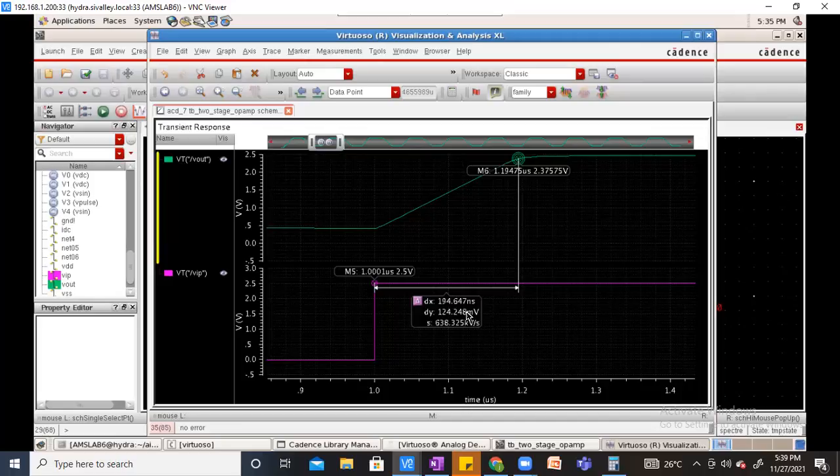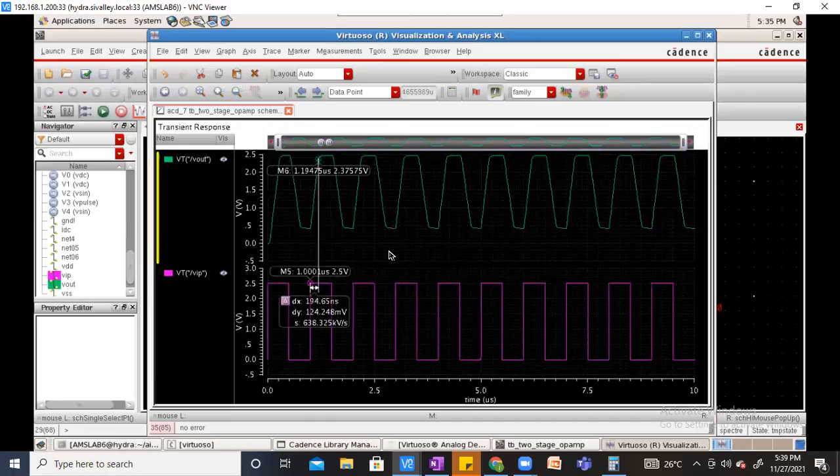Okay. Now we'll continue the same thing for the slew rate calculations as well.